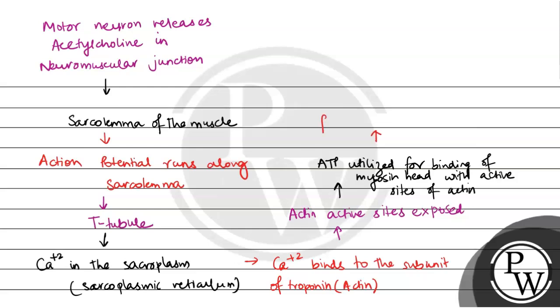This results in the formation of a cross bridge which basically brings the actin towards the A band. So actin filaments जो होते हैं, they are pulled towards the A band.